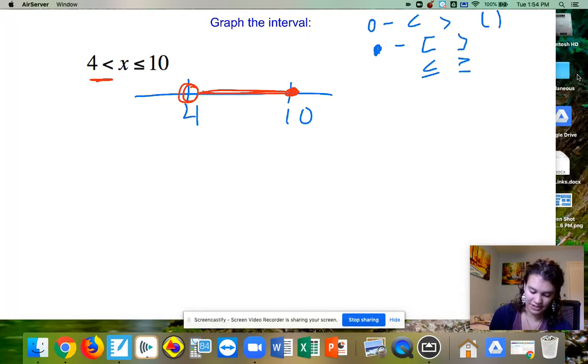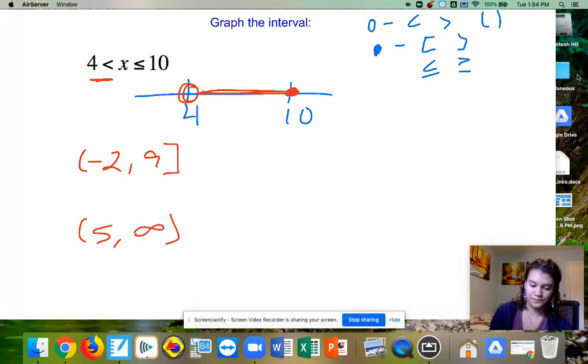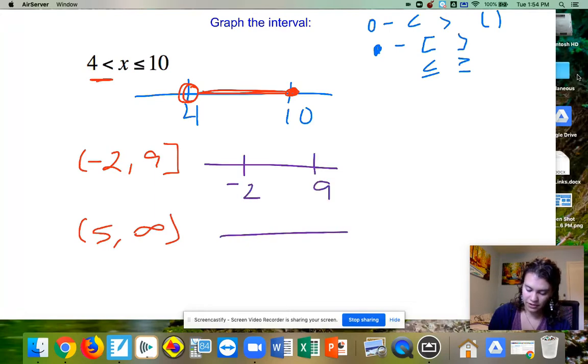So a couple more examples. Pause and try these two on your own, and then we'll talk about them. You have negative 2 to 9, and then 5 to infinity. All right, so start by drawing your number lines for both. Here I have negative 2 and 9 and 5.